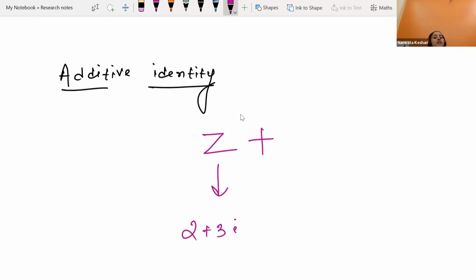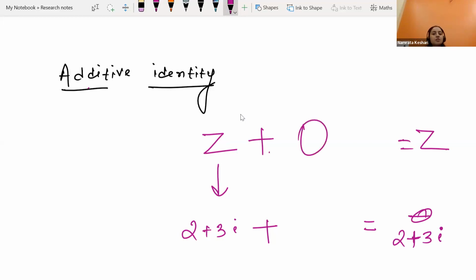Add something to this complex number so that the identity of this complex number will not change, that means the result will be the same complex number, 2 plus 3i. That's what this terminology means: additive means added, identity means identity must not change. That is zero only. Yes or no? Yes, ma'am.